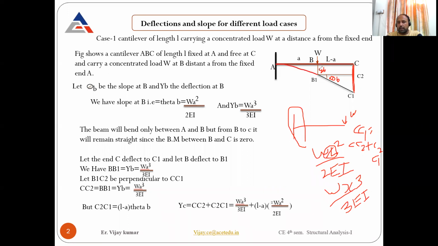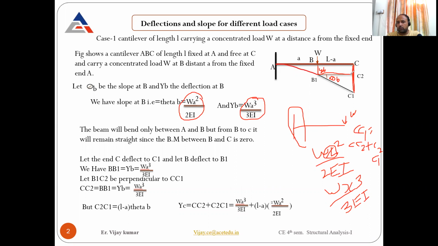I know the value of YB, which is WA cube by 3EI, and I know the value of theta B, which is WA square by 2EI. Now I put a perpendicular on the line C to C1.